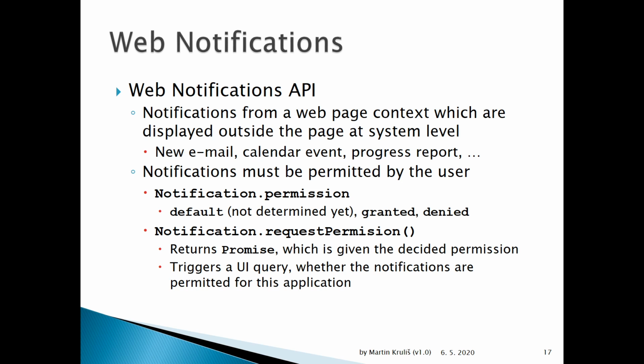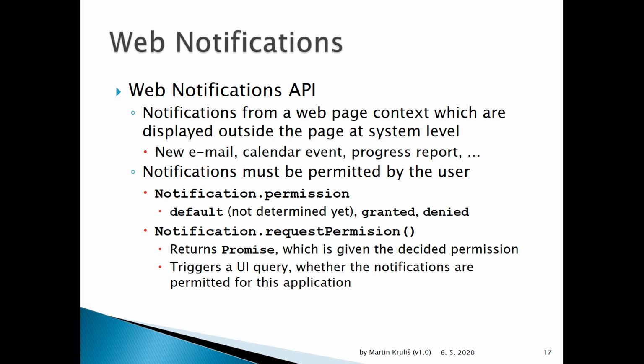So for these notifications, the browser will actually make this message appear at a system level. So it's like a system-wide notification, and for these reasons there are some limitations.